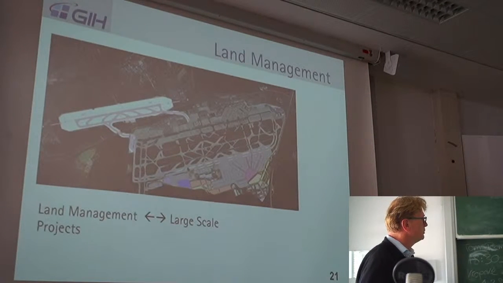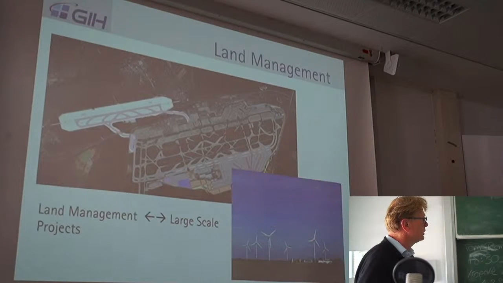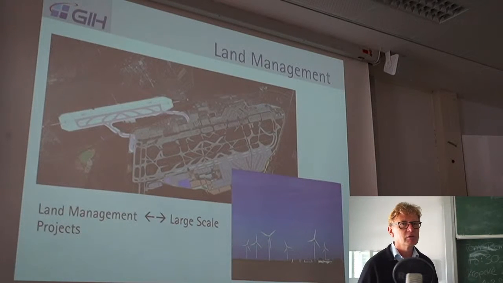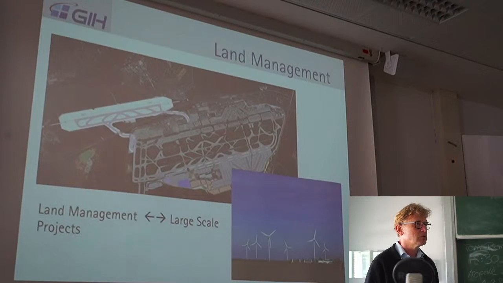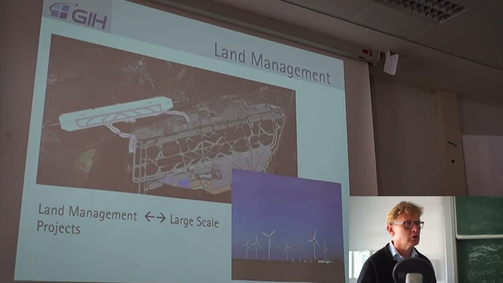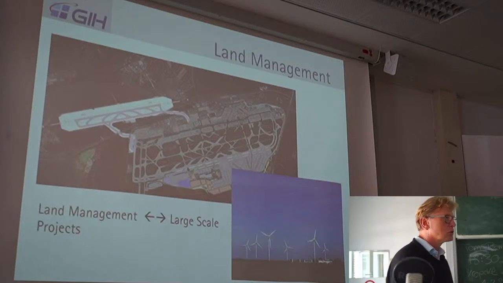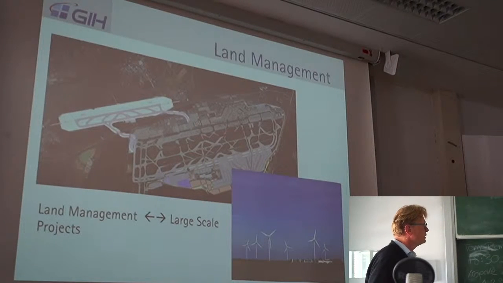And how to implement large projects like this is also our topic. Or, very important, do we have enough locations for windmills to reach the aims for the energy turn which we strive for? So this is very concrete and very important.